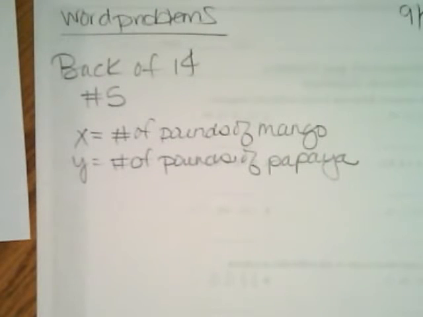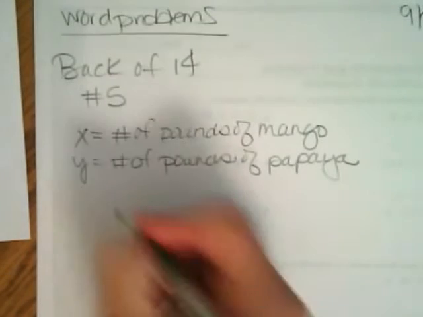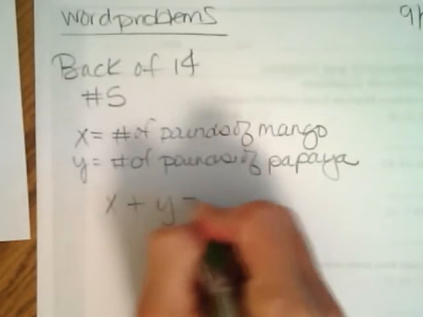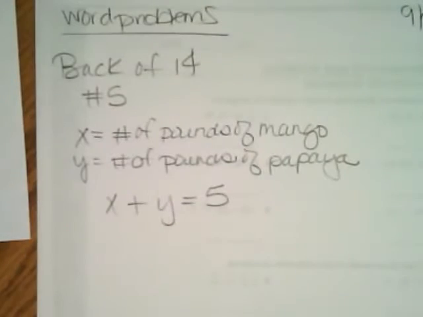So that's what we're looking for, the pounds. How many pounds of each did we buy? Well, what do we know? We bought 5 pounds total of fruit. You have to think about what the fruit consists of in this problem: mangoes and papaya. So our first equation is x plus y has to equal 5.